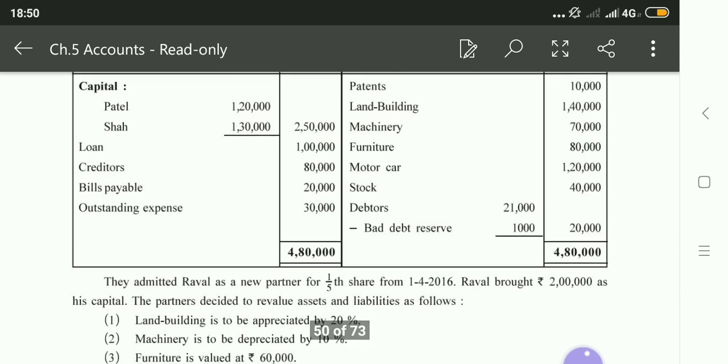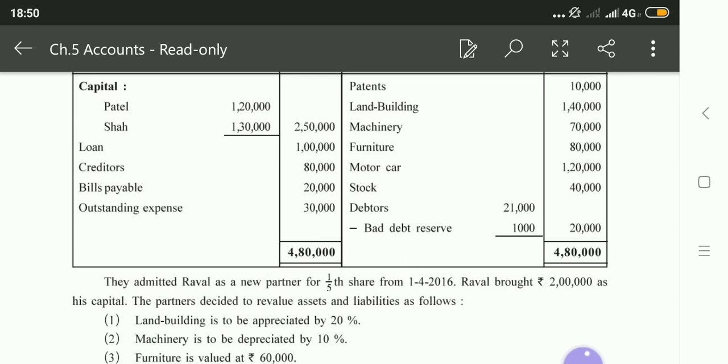So the book value of land and building is 1,40,000, which is to be appreciated, that is increased, by 20%. So 1,40,000 into 20 by 100. 14 twos are 28. So 28,000.